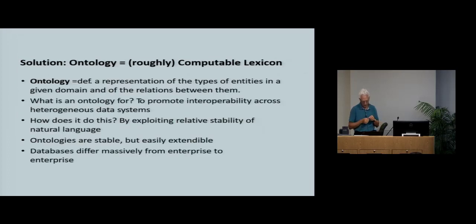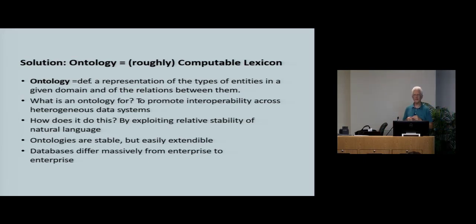All right. Now, one simple way of understanding an ontology is that it's a bit like a dictionary, but a dictionary which is designed to be used by computers. And we have here a technical definition. So an ontology, I said, is a picture of reality, or a map of reality, or a window on reality. Here we say it's a representation.